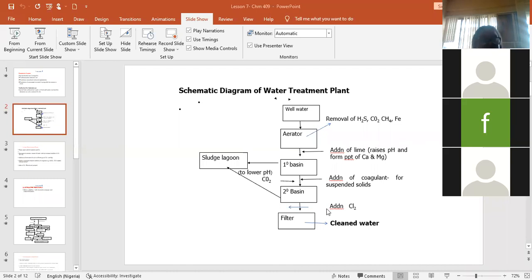What do you think is the importance of chlorine? What does chlorine do in this work? You can unmute yourself and talk. The more you talk, the better you become. What is the purpose of chlorine in water treatment?